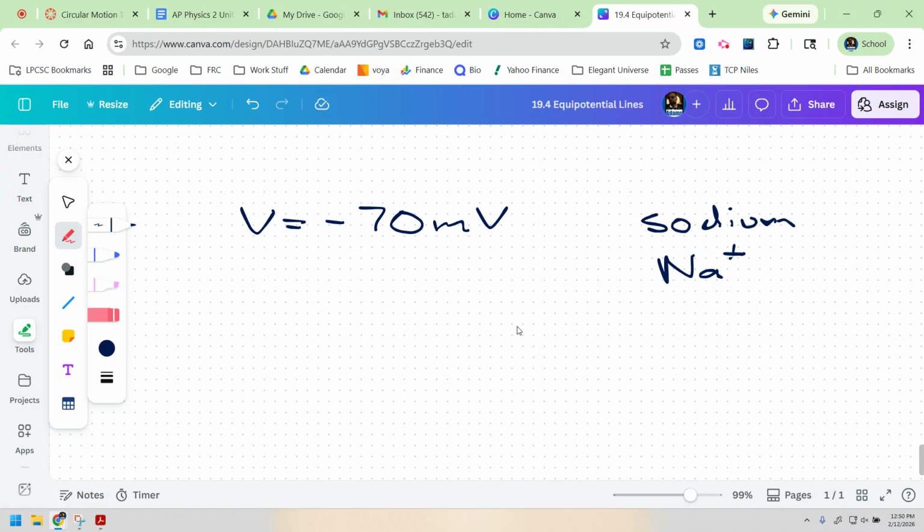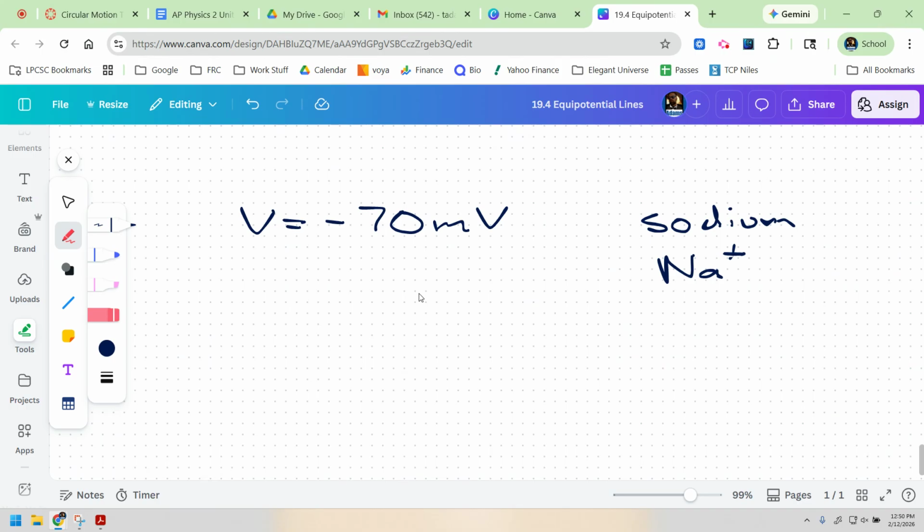It's sodium chloride, but the chlorine has a negative charge and the sodium has a positive charge. And so this is on the outside of the cell, so it pulls the negative charges to the perimeter. So things change when the nerve cell is stimulated.